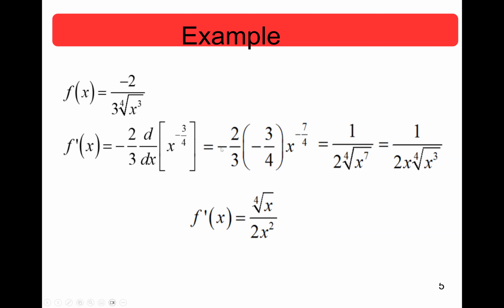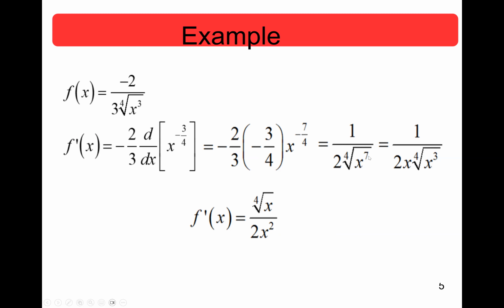So we can cancel the constant values here. Negative times negative will give us positive. 3 will cancel the 3, and 2 divided by 4 will give us 2 at the denominator, the bottom. So we get 1 over 2 times the 4th root of x to the 7.